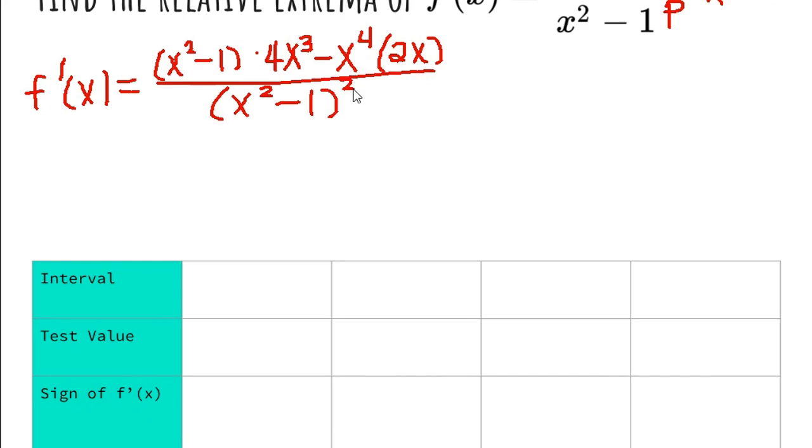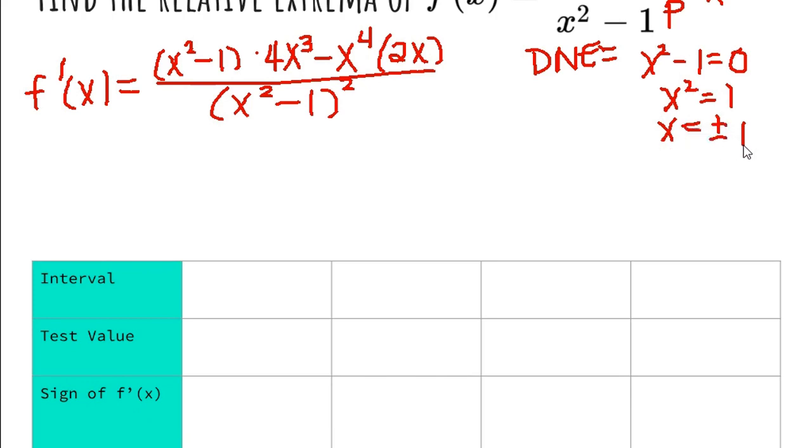Okay, well, right now, I can tell you that my derivative will DNE when x squared minus 1 equals 0. So that's x squared equals 1, x equals plus or minus 1. So plus or minus 1 end up being critical numbers because something's happening on the graph. And that something is, the derivative doesn't exist there.